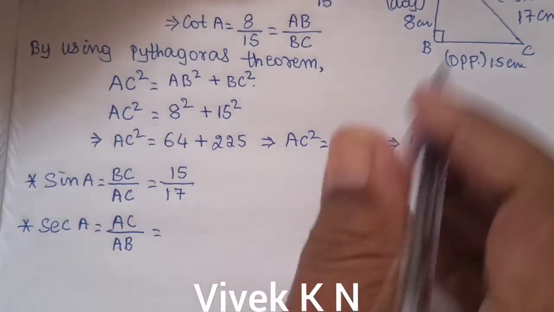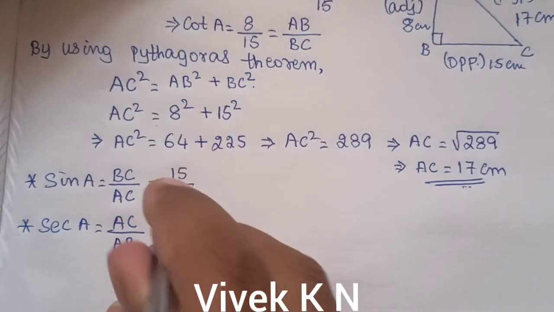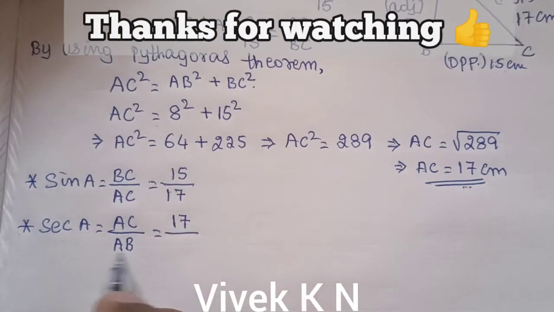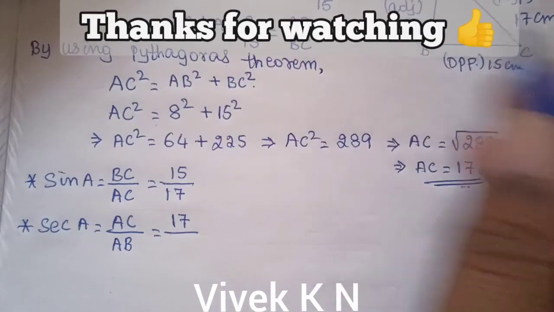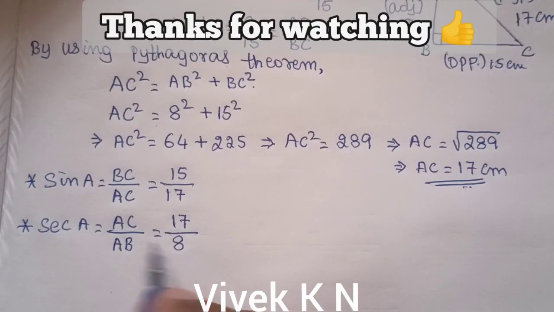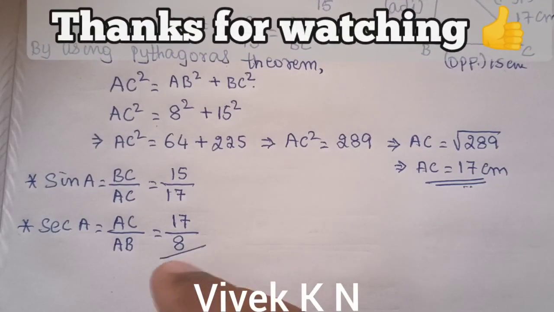The value of AC is 17. Next, the value of AB is 8. That is, 17 by 8 is the value of secant A. This is the answer.